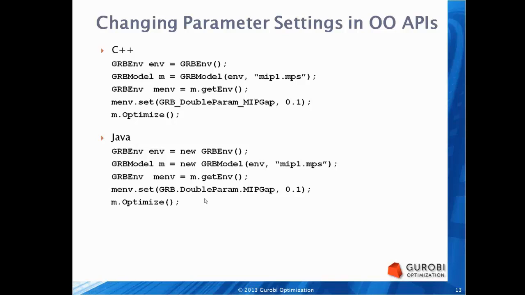And for Java, it's similar. If you compare Java to C++, you see GRB underscore for parameters in C++, and GRB dot for Java. It's very similar. So if you develop code calling Gurobi and supporting multiple computer languages, if you want to port from one to another, it's very easy because our interface is very consistent.